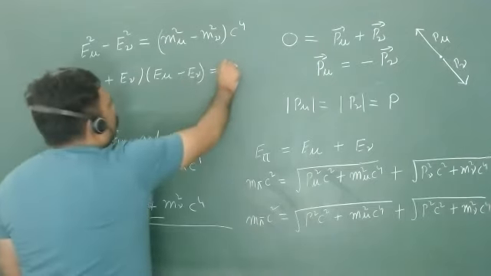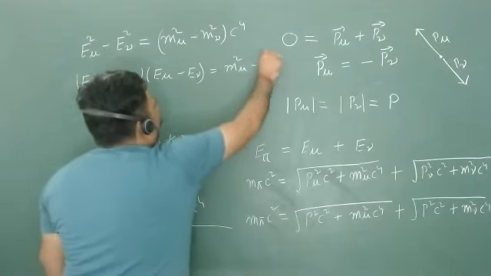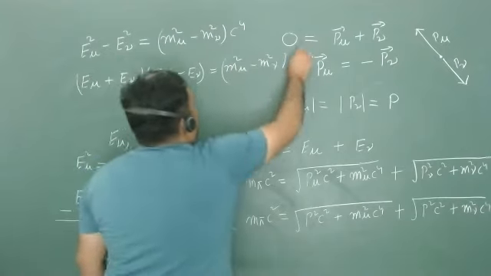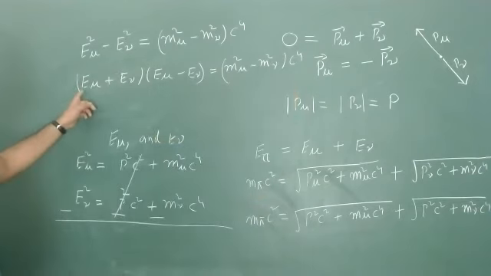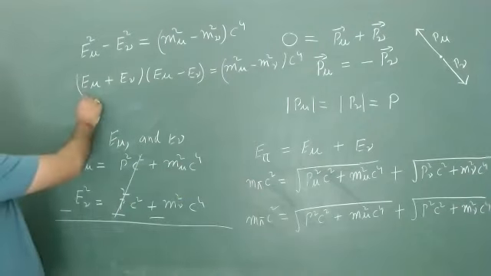And this value is equal to (m_μ² − m_ν²)c⁴. And can you please tell me what will be E_μ + E_ν? E_π. That will be mπc². So this value is mπc².